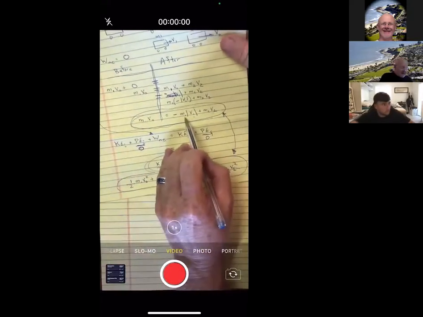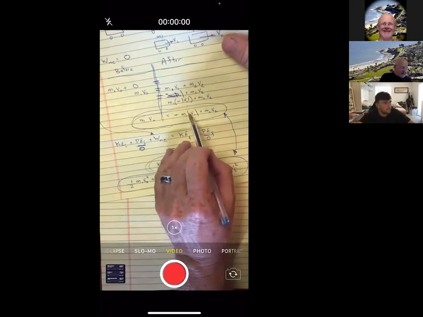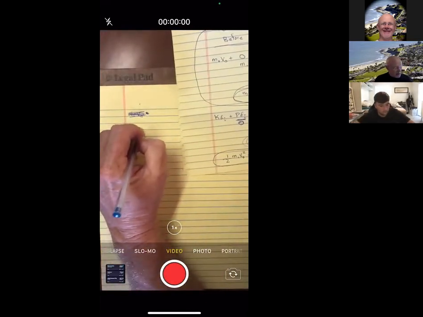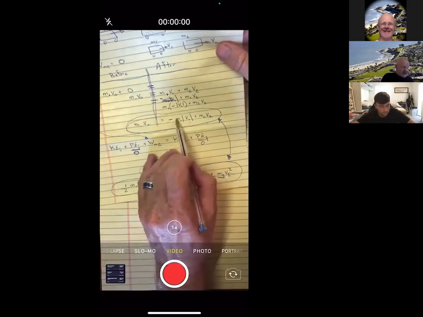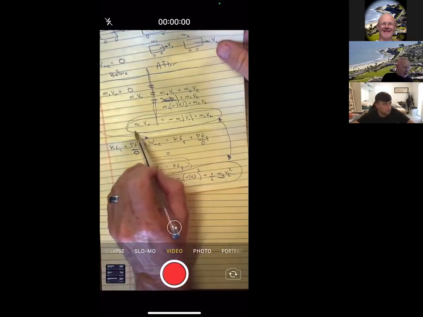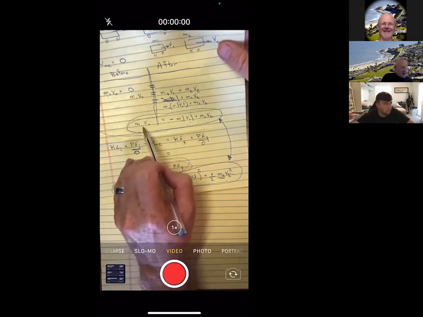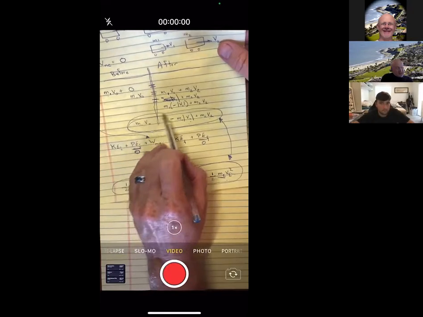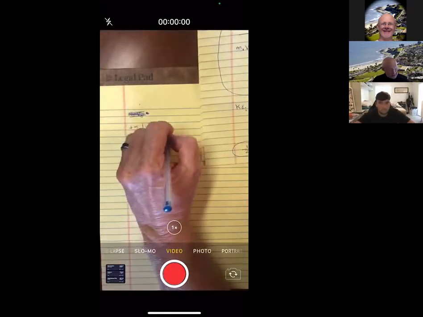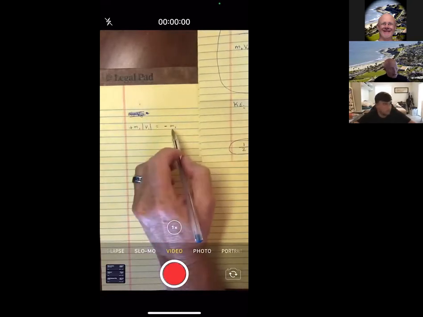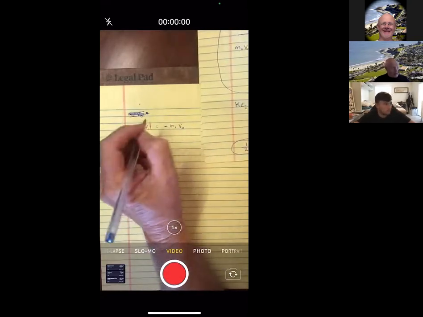Let me take this where it's a negative and move it over, so it becomes a plus M1 times the absolute value. So I've taken this negative one and moved it over. And then I'm going to bring this one to the other side, so it equals negative M1 V naught.